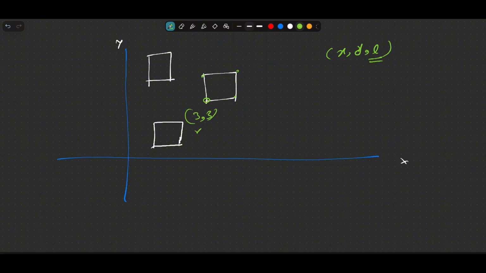How? Let's see. What is this coordinate? It's basically 3 plus l comma 3, because we are moving l steps to the right. Similarly, this point is l steps above, so 3 plus l and 3 plus l, because we incremented l steps to the y coordinate.